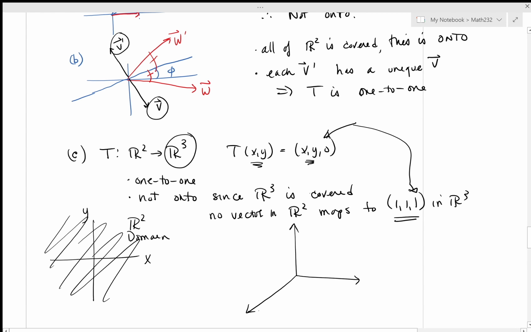And we have X and Y and Z. But where does it map these things to? It just maps them to this plane, the XY plane there. So we're not able to find anything that maps, for example, to that point right there. So it is not onto, but it is one-to-one. So that's one and not the other.